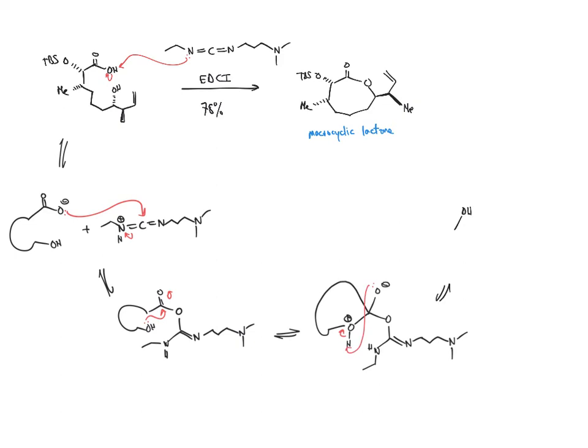Okay, so we have something that looks like this. Okay, and then we get collapse with loss of the super leaving group this time. And the super leaving group, of course, is the urea.